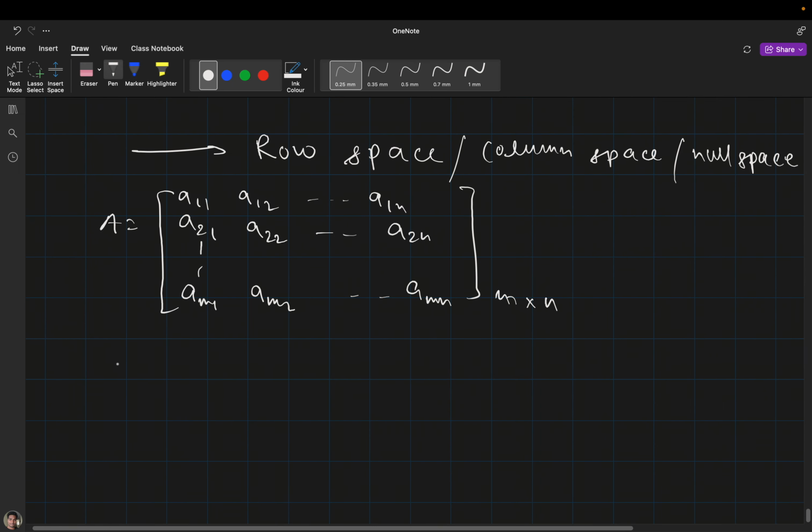Now from the definition, the first row I can write as A11, A12, dot dot, A1n. Second row is what? A21 dot dot dot A2n.